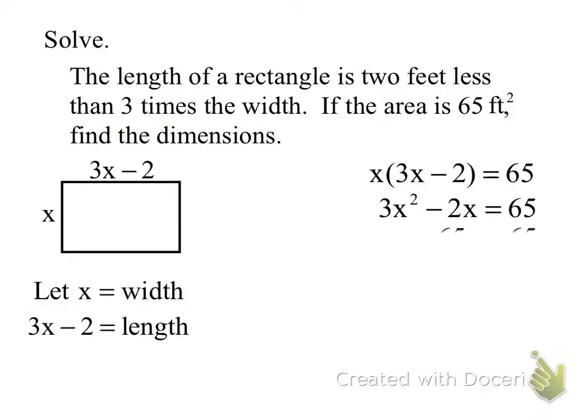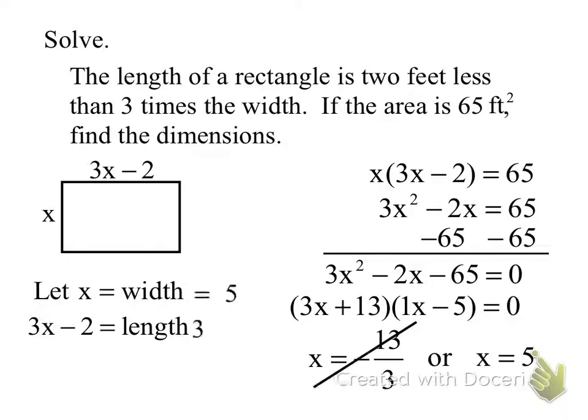So let me just give myself more room here. Once I find that, I substitute in: 3 times 5 is 15, minus 2 is 13. So my dimensions are 5 and 13. Questions? How did you get 13?